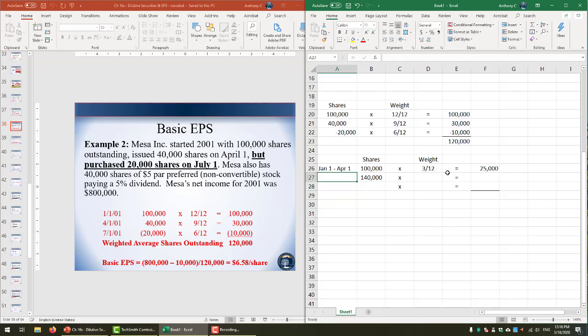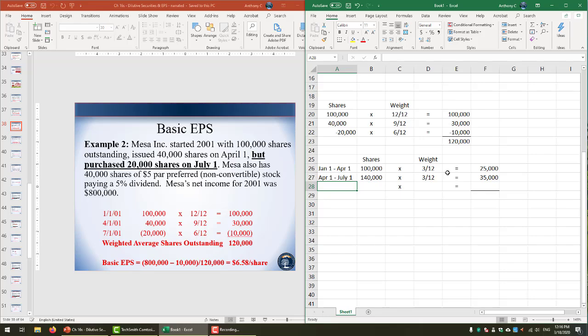We'd have these 140,000 shares from April 1st until July 1st, when the company repurchases 20,000 shares. So you'd have April, May, and June, or 3 out of 12 months. Again, if we took 1/4 of 140, or 3/12 of it, you get 35,000.